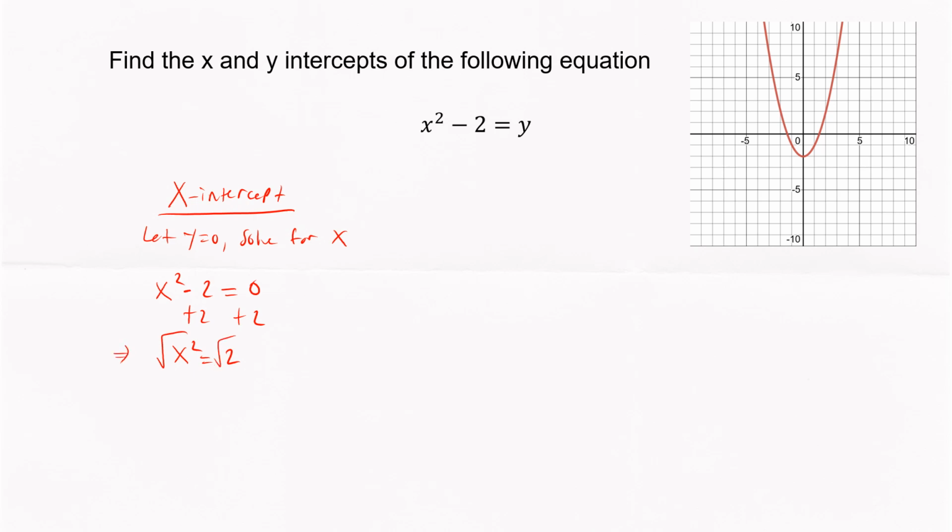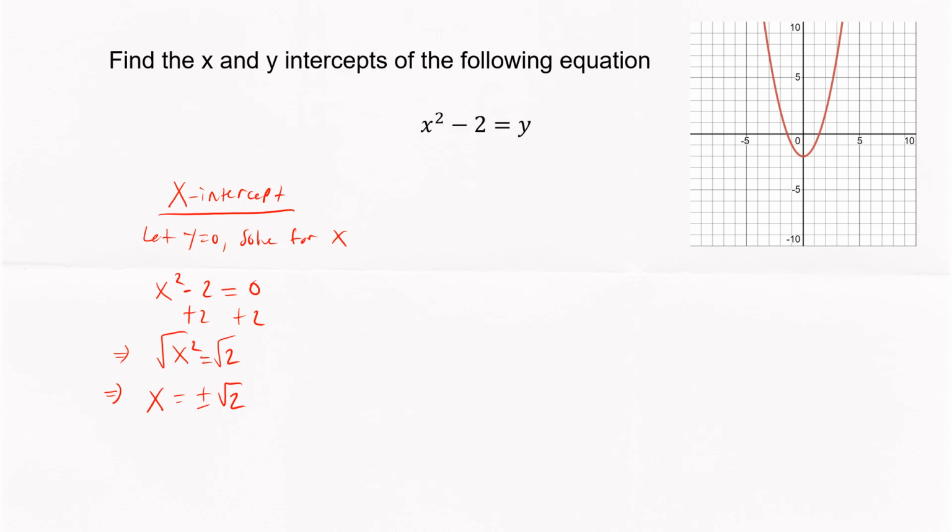So when we take the square root of both sides, because the square root is the opposite of the square, they cancel one another out. On the left side, we're left with just x. However, when you take a square root of a value, you always need to have plus or minus square root of 2. Because if you think about it, when you square a number, no matter if it's positive or negative, it will always give you a positive number.